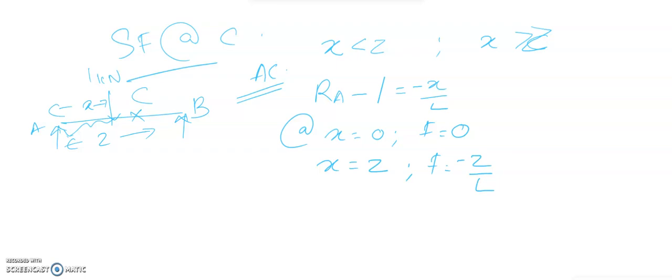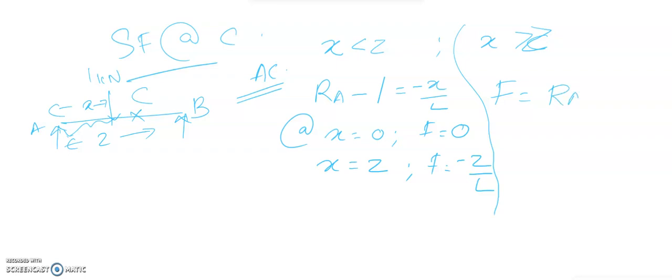Here you are substituting up to z only, for this region, because it is x less than z. Now in the same way you go for x greater than z. In that case, your 1 kilonewton will be beyond AC. So when 1 kilonewton is beyond AC, what do you get for the value of shear force?